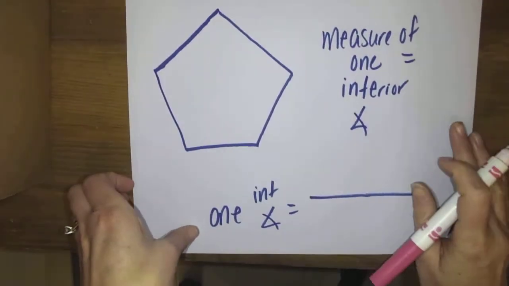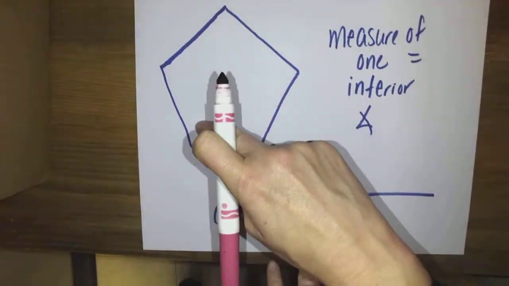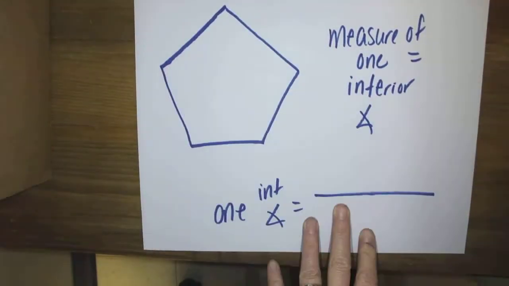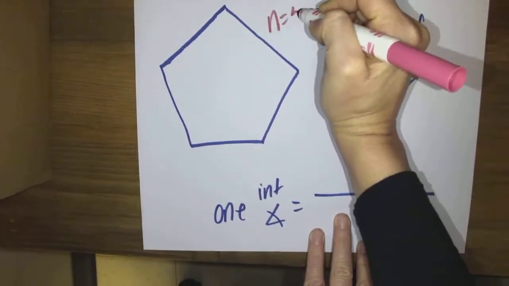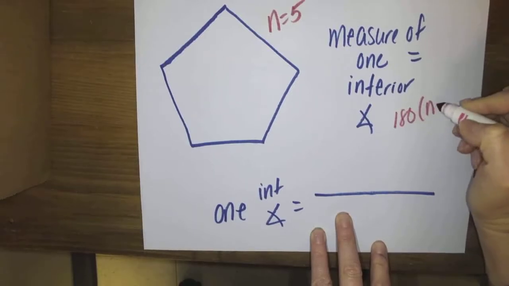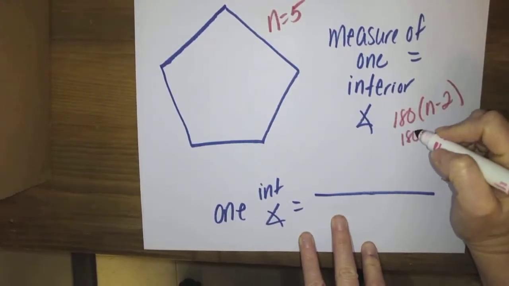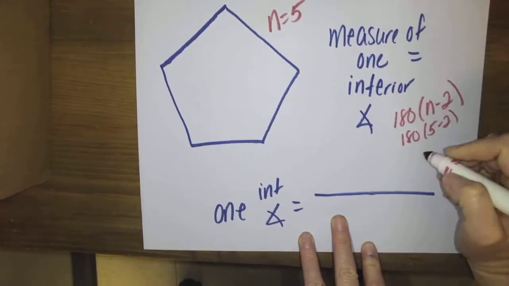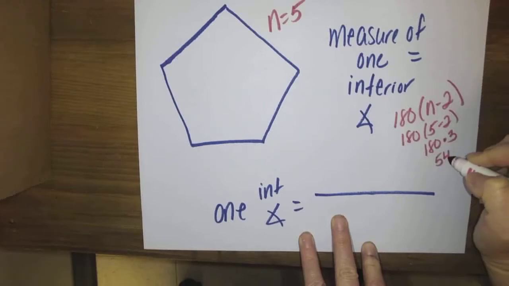But what if I just wanted to find one? What I need to do is I first need to find what all 5 add up to. This is a pentagon and it's 5. I'll do what we did before. Here was our formula. I do 180 times 5 minus 2, so that's 180 times 3. That's 540.